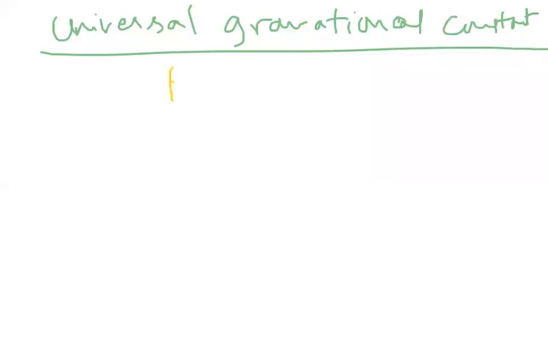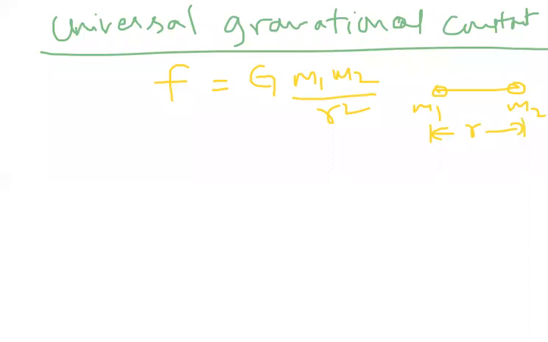I know that gravitational force equals G M1 M2 by R². M1 and M2 are two masses separated by a distance R. Between every two masses there exists a gravitational force of attraction, given by F equals G M1 M2 by R².